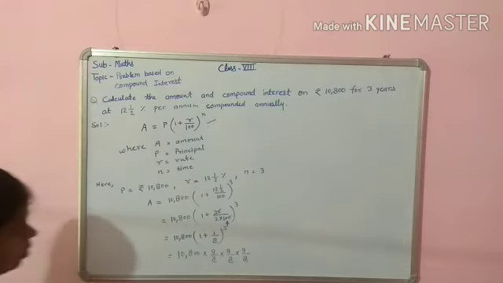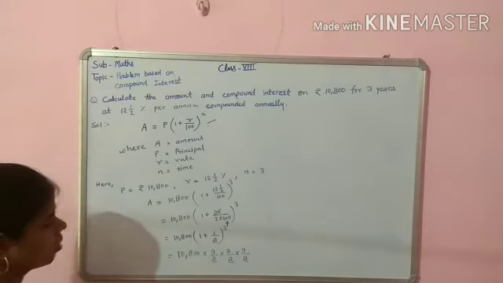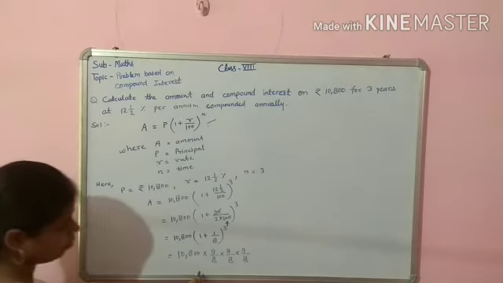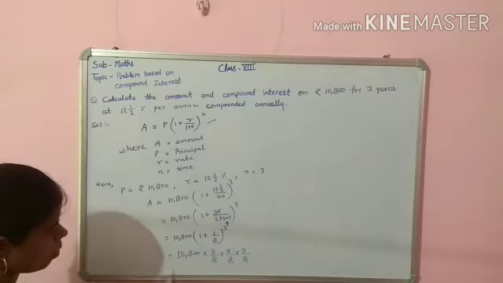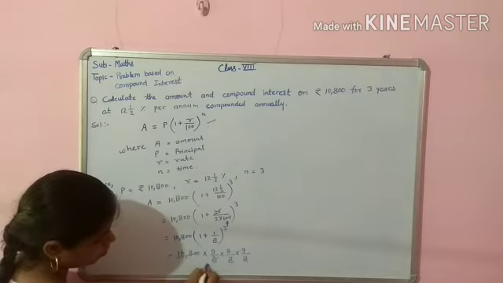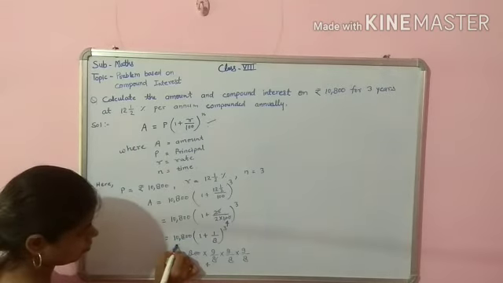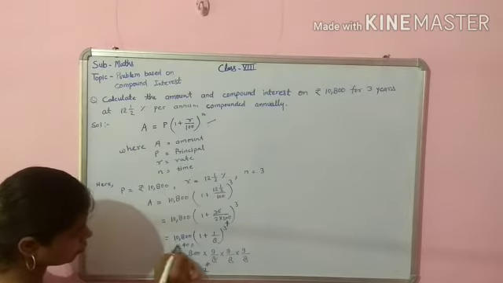After multiplying, or we can divide this by 8. What we get? First of all, we divide it by 2. Okay. Now we again divide it by 2.